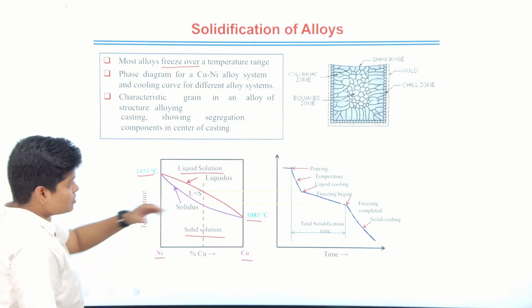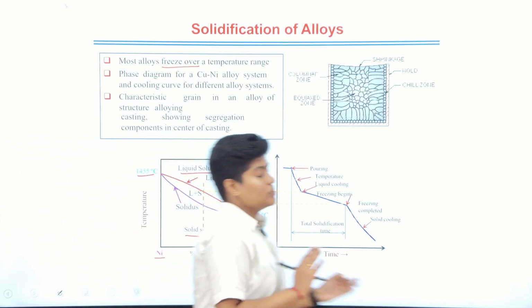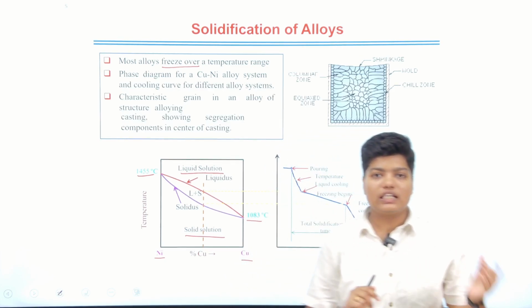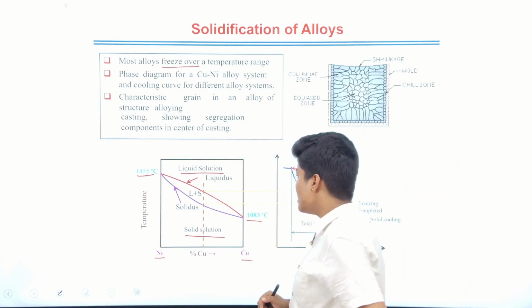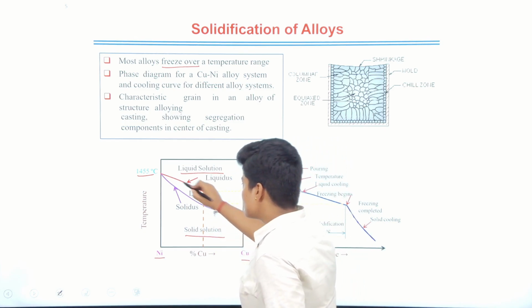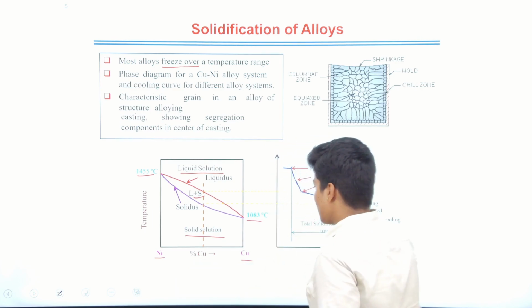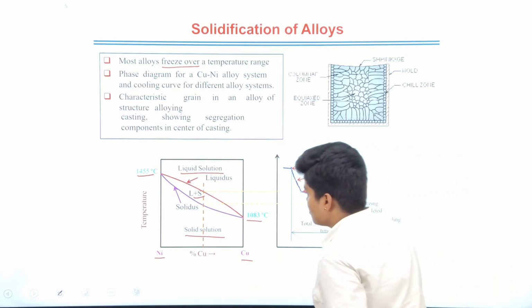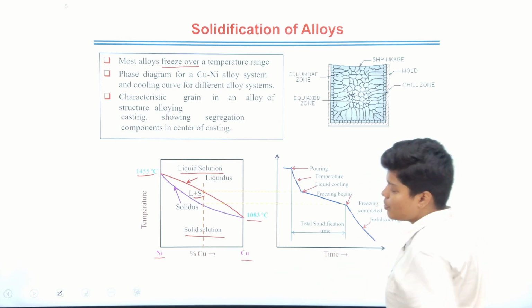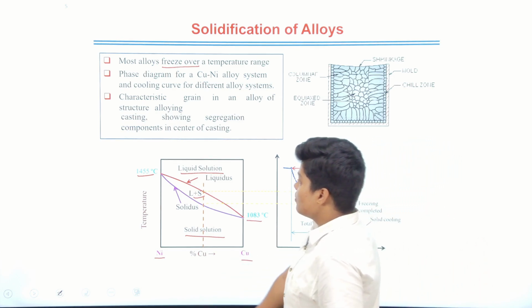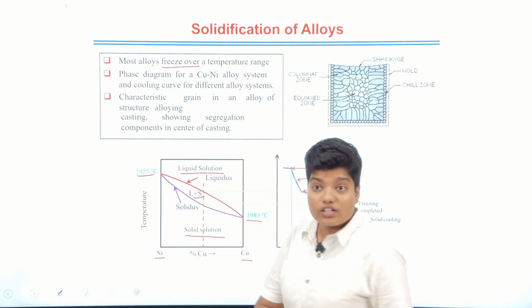Liquid solution means it is the liquid mixture of the two metals, nickel and copper, and between these two lines is liquid plus solid. As we decrease the temperature with the composition of copper, we'll see this type of graph in the alloy.